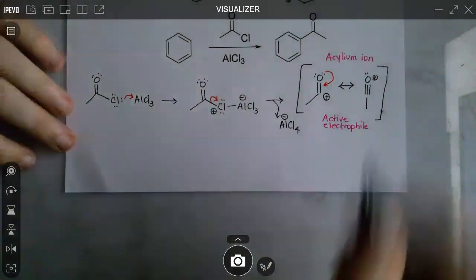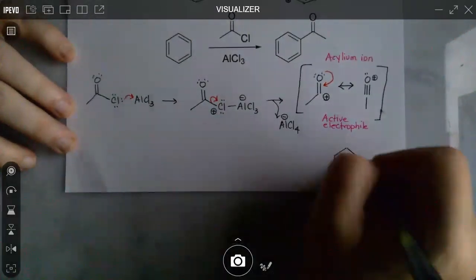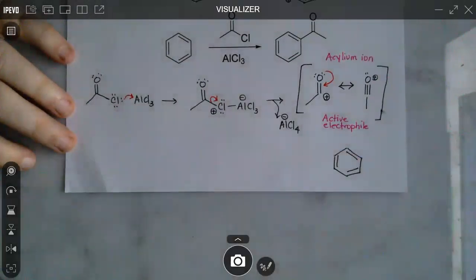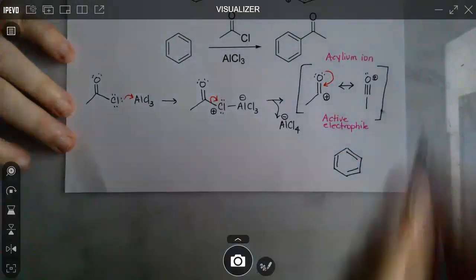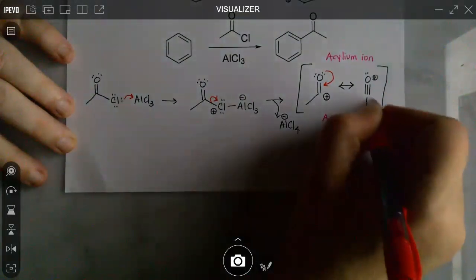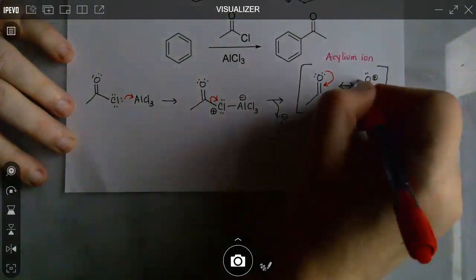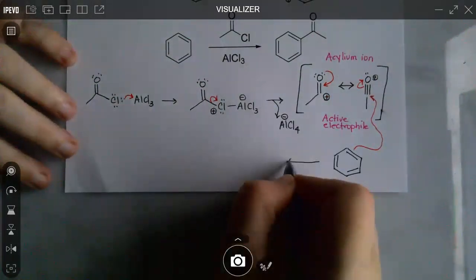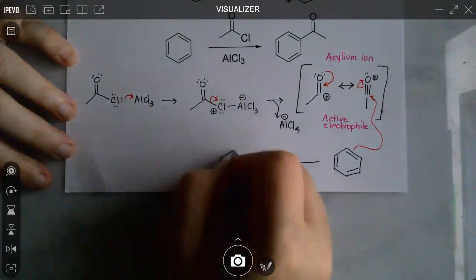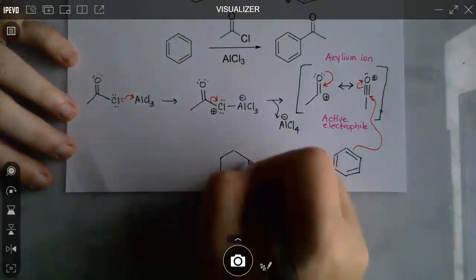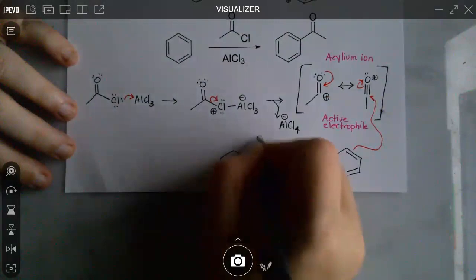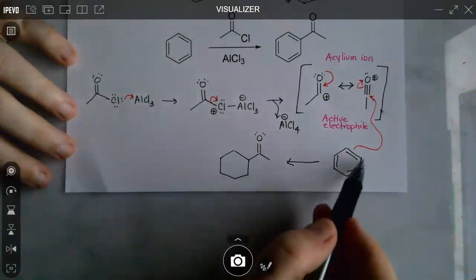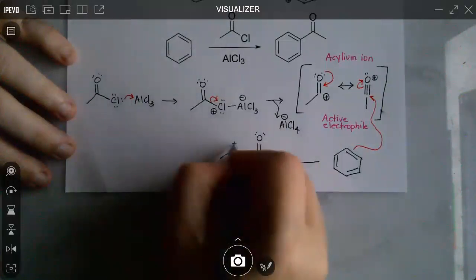Now the aromatic ring gets involved. You can take any one of those pi bonds, right, and show the nucleophilic attack. If I'm going to bond it to this one, that means this one is positively charged.